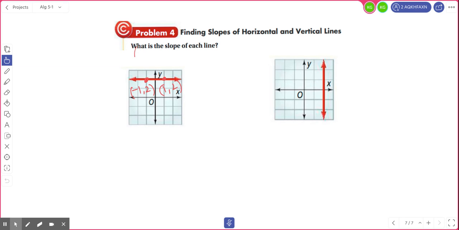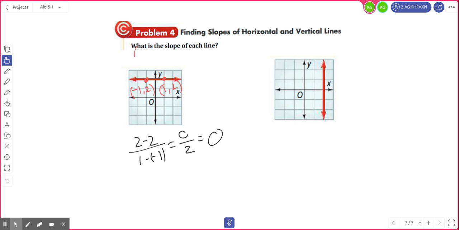And I use my slope formula. I get y2 minus y1 is 2 minus 2, and x2 minus x1 is 1 minus -1. And 2 minus 2 is 0, and 1 minus -1 is 2. And if you do 0 divided by 2, it equals 0.